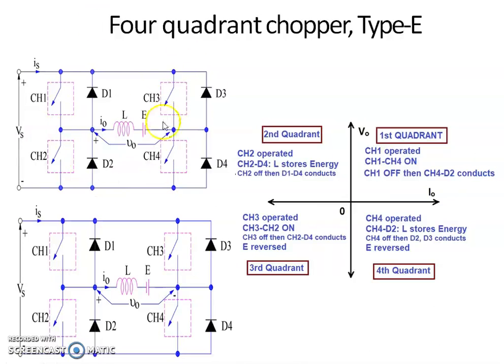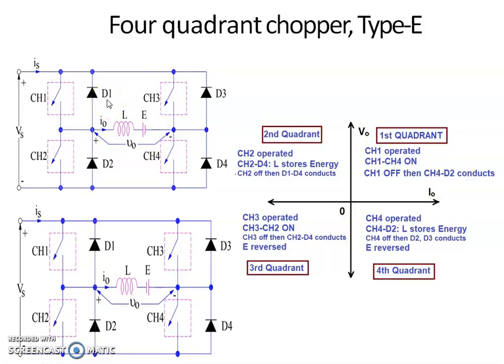This is the power circuit of a class E chopper or type E chopper. It consists of an RLE load, resistive, inductive and DC source load, and four semiconductor switches CH1, CH2, CH3 and CH4.